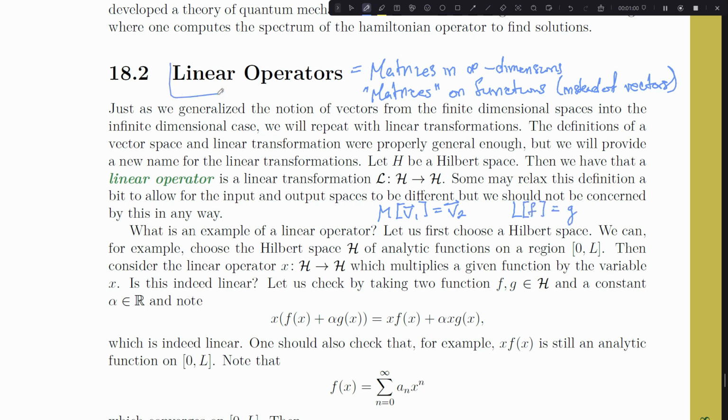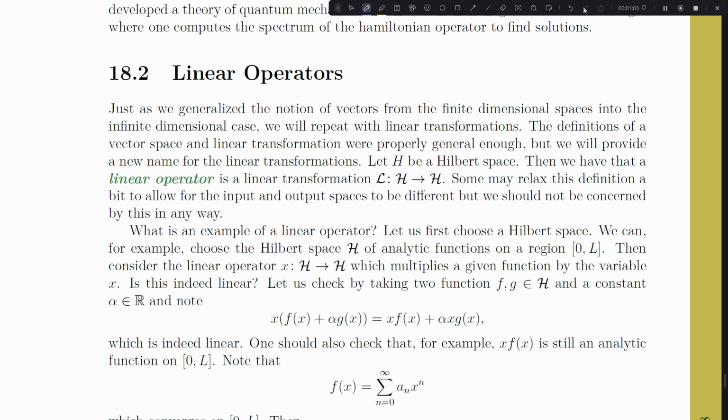And for these to be linear, they satisfy the same property as matrices, where if I took a linear combination of two entries, v1 and v2, I recover the linear combination of the outputs of the matrix.